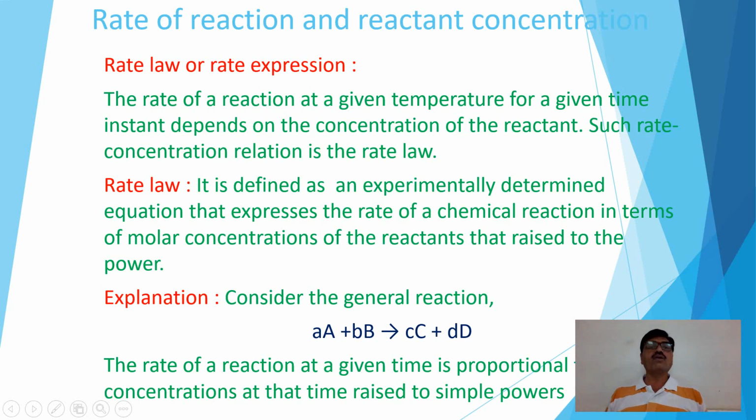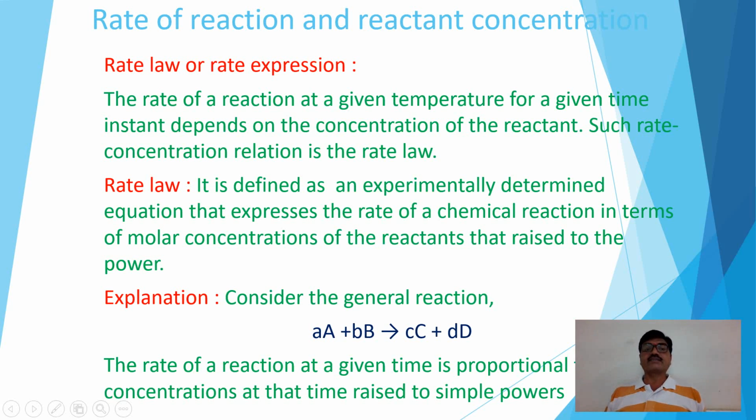See, what is the rate law? It is defined as an experimentally determined equation that expresses the rate of a chemical reaction in terms of molar concentrations of the reactants raised to the powers. So rate law or rate expression, it is very important to note that this is an experimentally determined equation.